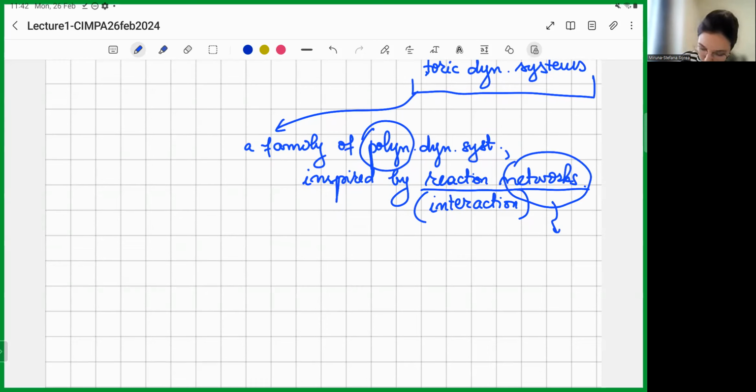And you might wonder also why we want to work and study this special family of dynamical systems. And here I mention quickly two reasons.